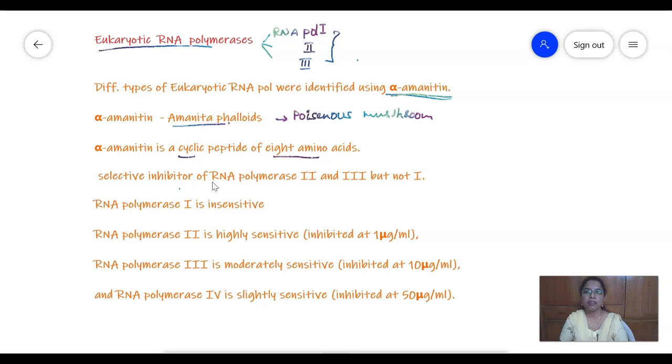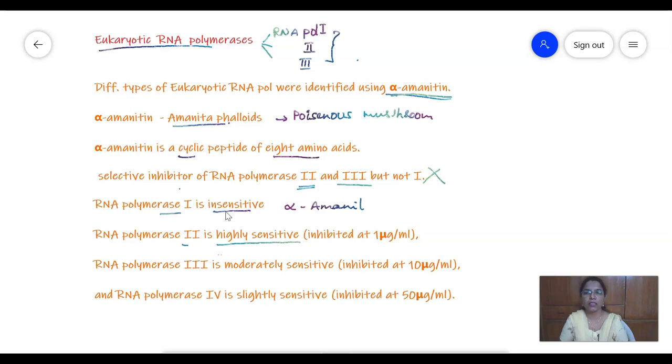It is a selective inhibitor of RNA polymerase 2 as well as 3, but it does not inhibit RNA polymerase 1. That means RNA polymerase 1 is insensitive to alpha amanitin, whereas RNA polymerase 2 is highly sensitive.